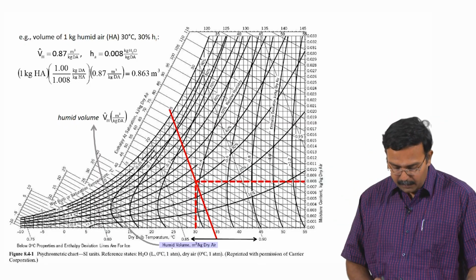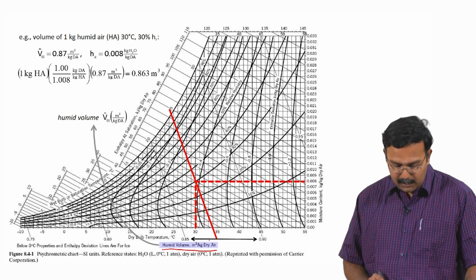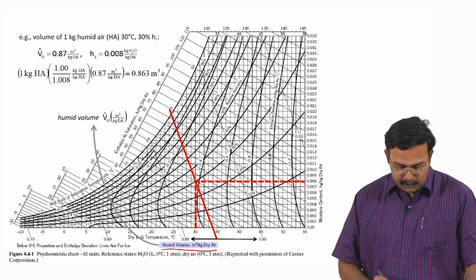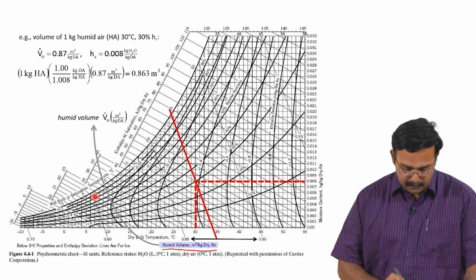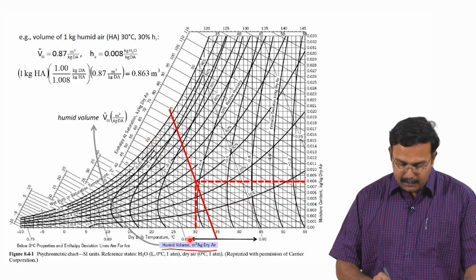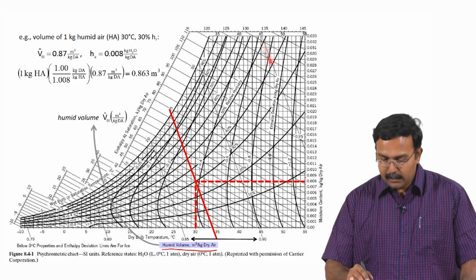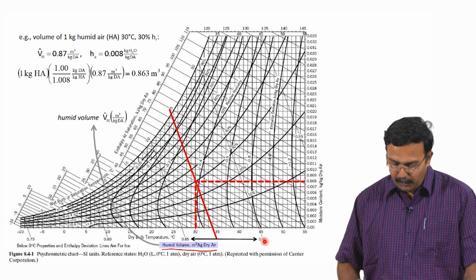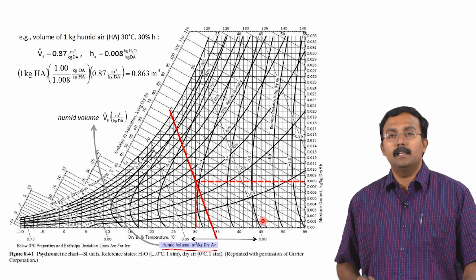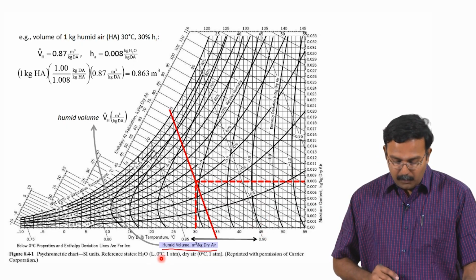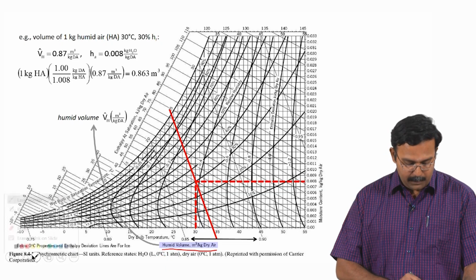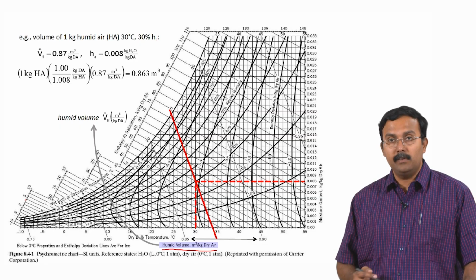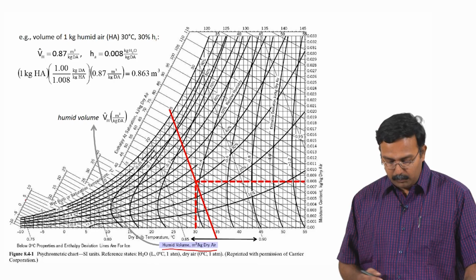Along this x axis you have another set of lines, these slanted lines, and the values you see here, which are 0.75, 0.8, 0.85 and 0.9, correspond to the humid volume. So, for a given condition, relative humidity, we would be able to calculate the humid volume, which would give us the volume of the air we are looking at.